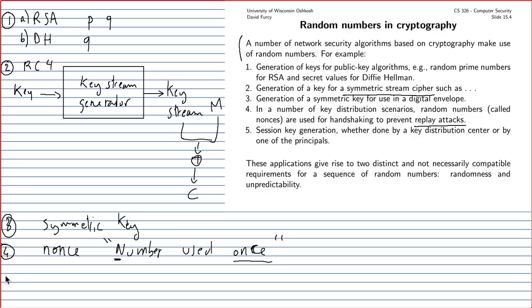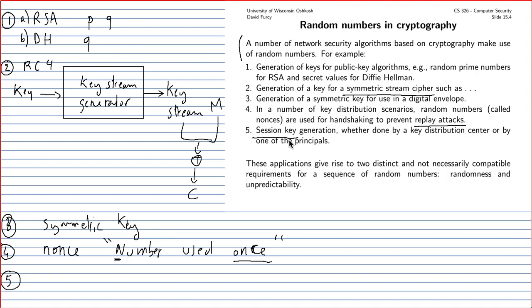And as a last application, I want to remind you that in the very last example we discussed in the previous video, we discussed the idea of a session key. A session key is a symmetric shared private key that is generated by one of the parties and then shared with the other party using a hybrid system.